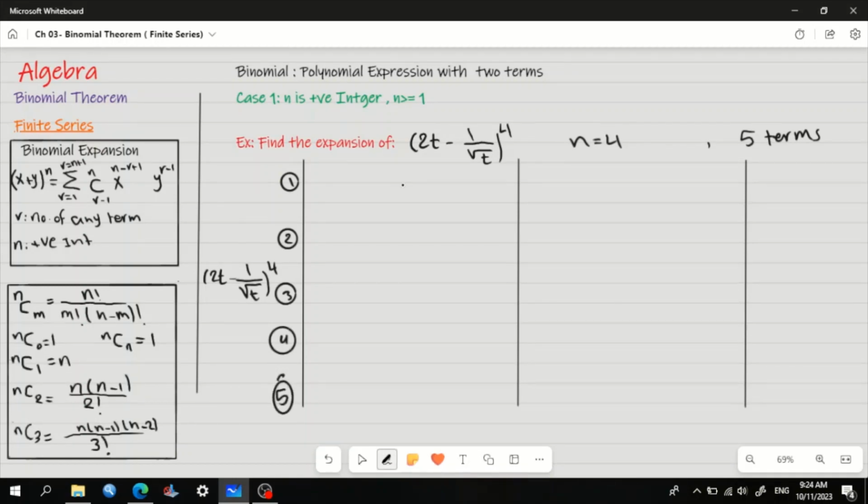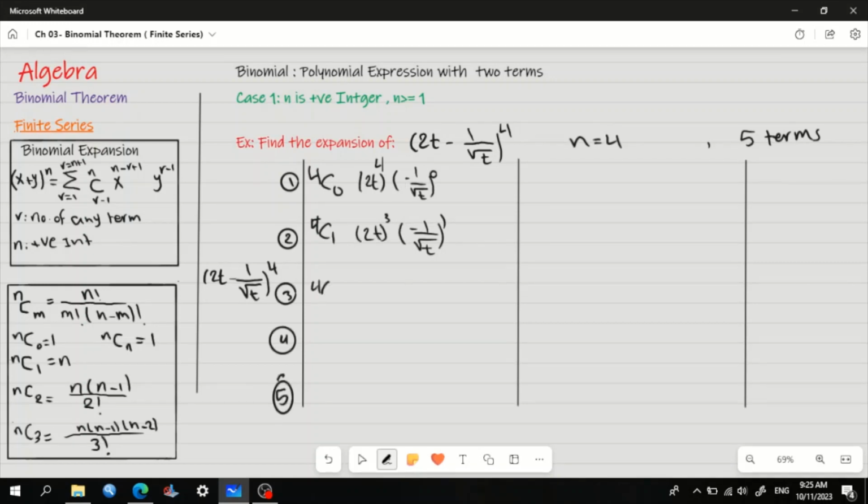Okay, so the first term here is 4 combination 0, 2t to the power 4, into negative 1 by square root of t to the power 0. Here 4 combination 1, 2t to the power 3, and here square root t to the power 1.